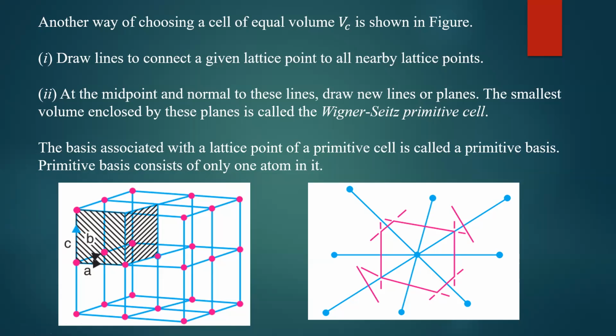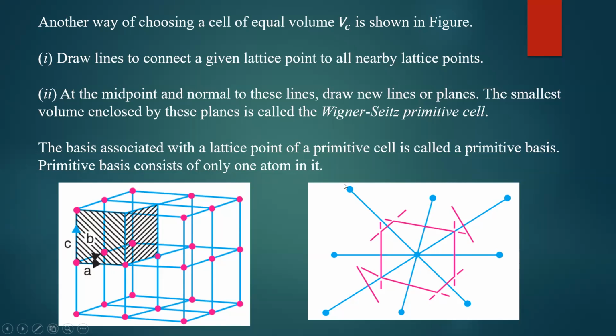Primitive basis contains only one atom in it. So the effective number of atoms in the primitive cell is equal to 1. The effective number of lattice points in a primitive cell is equal to 1. So basically the primitive cell can be taken as a unit cell of smallest volume. That is one method.